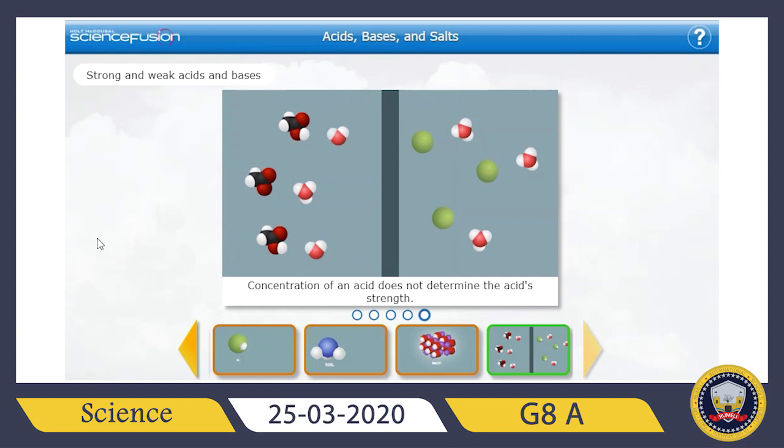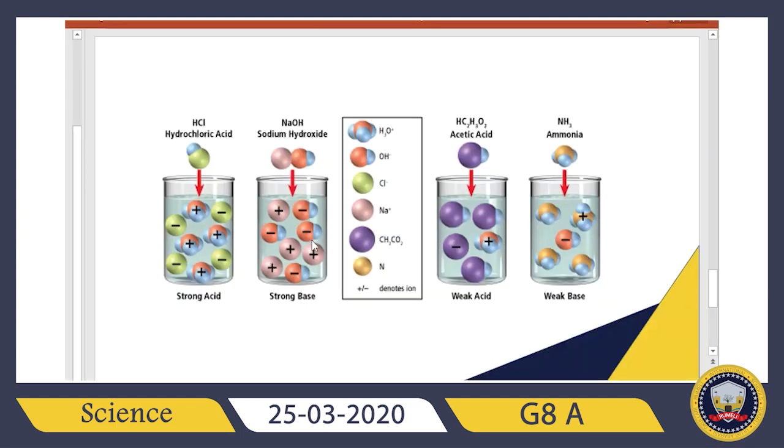It can be concentrated or dilute. It can contain a lot of base or a small amount of base. Still, if we are dealing with a strong base, it will show basic properties more. Okay?